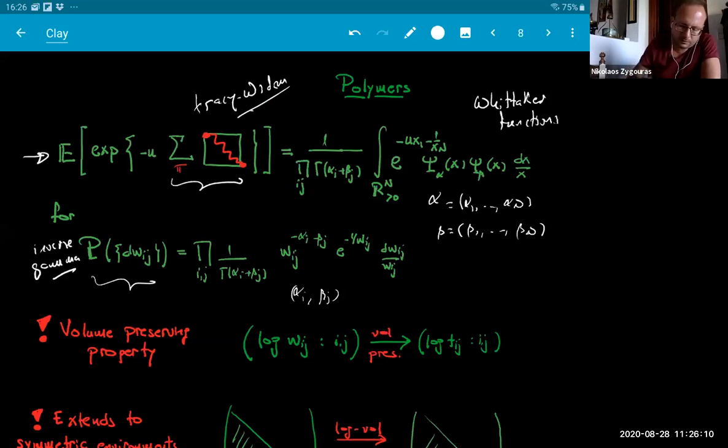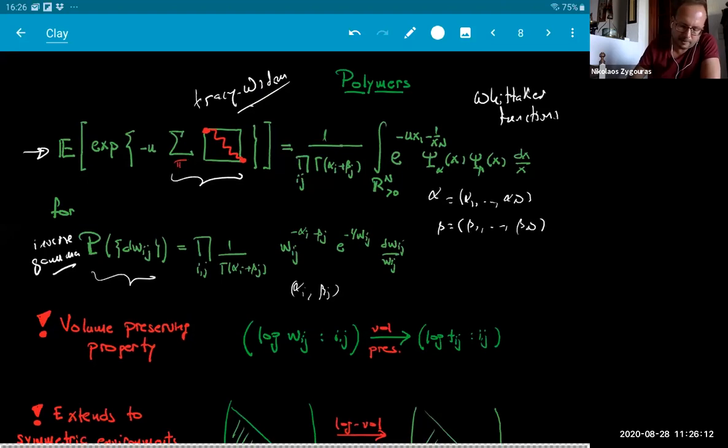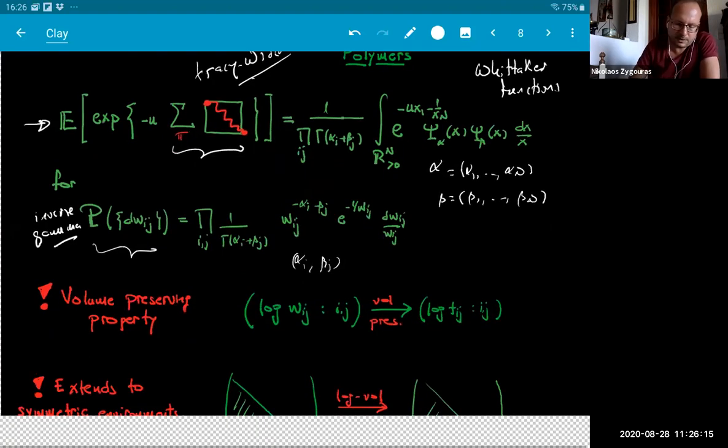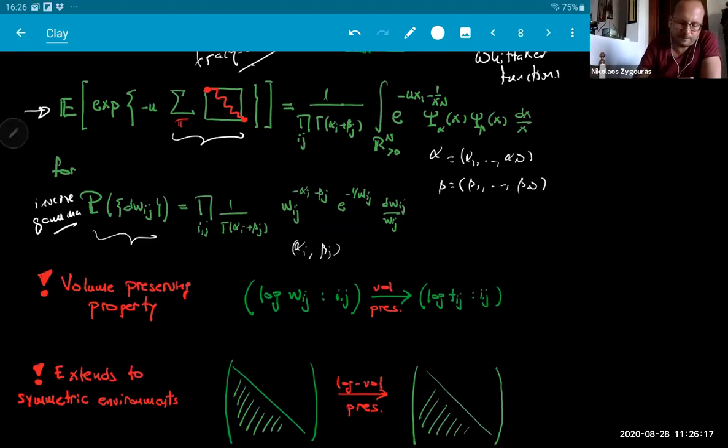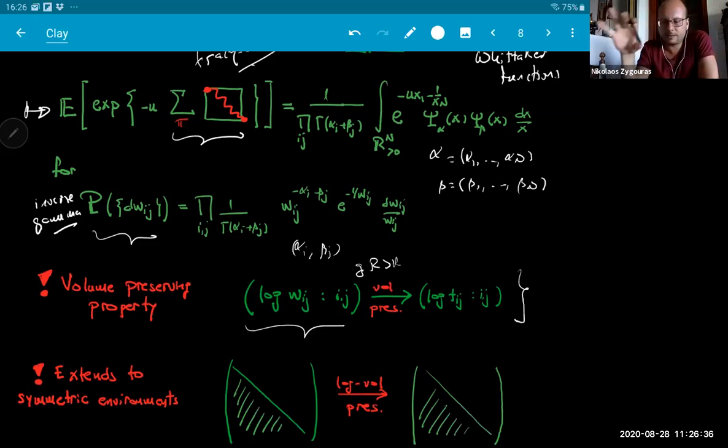Okay, so what I want to highlight is some key points in the derivation of this formula. And a particular key point is this volume preserving property here. So the meaning of this is as follows. If I look at the geometric RSK as a mapping between a set of matrices and another set of matrices, when I look at these matrices in the log variables, then this is volume preserving.